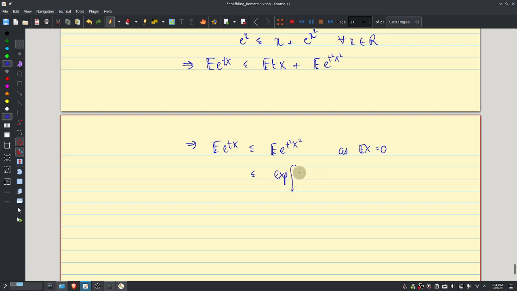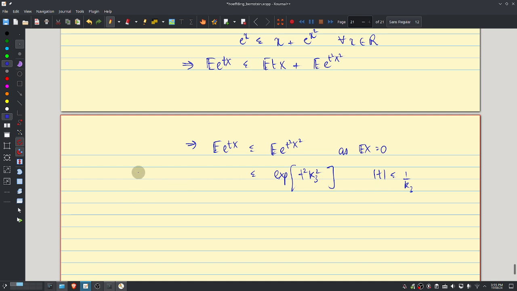This is upper bounded by e to the power t square times k3 square, but for t less than or equal to 1 over k3. So this holds only for mod t less than or equal to 1 over k3.